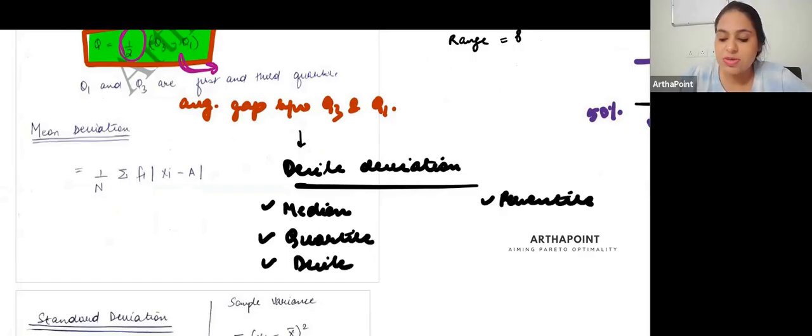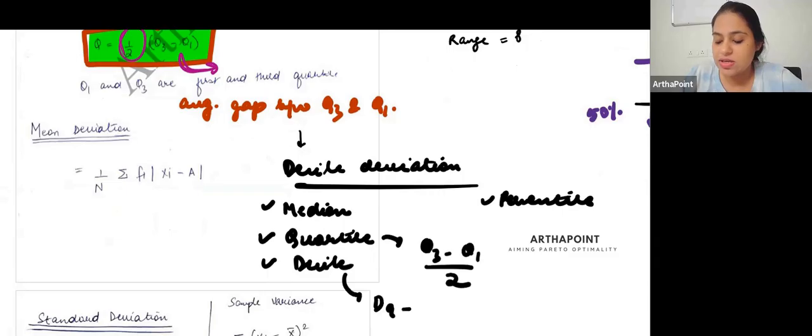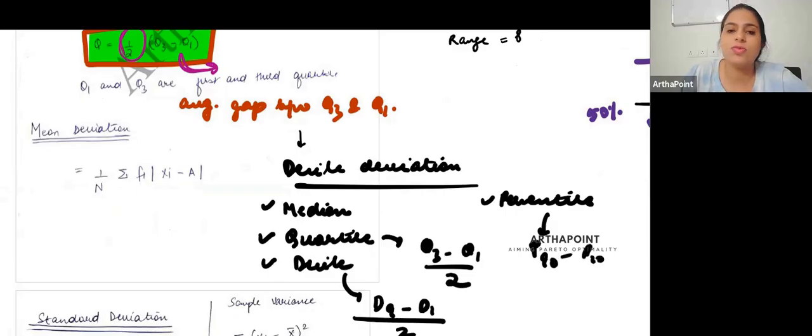Okay, if you ask me quartile deviation, it is (Q3 minus Q1)/2. Decile deviation, (D9 minus D1)/2. Percentile deviation, (P90 minus P10)/2. I will just take the extreme value ranges, subtract them and divide by 2. This is how you can find these values.